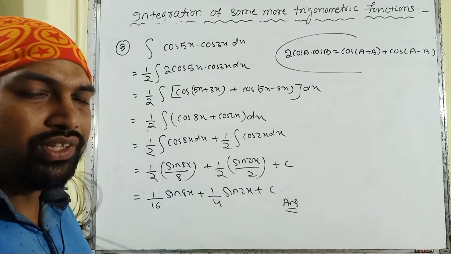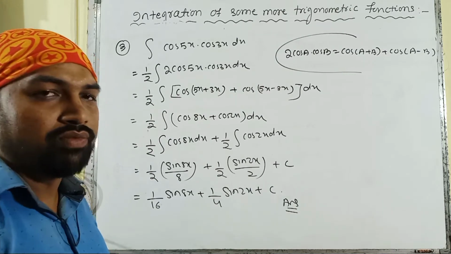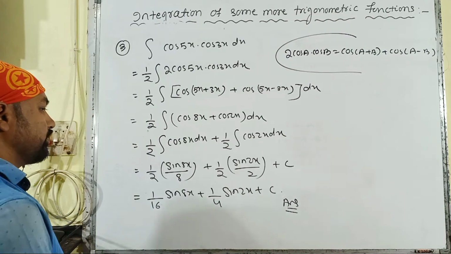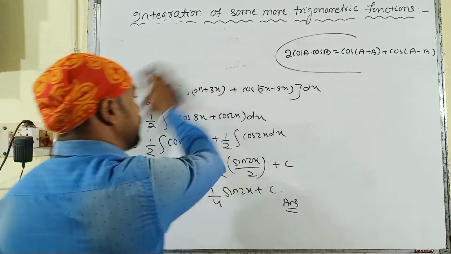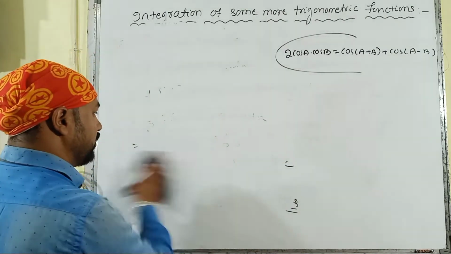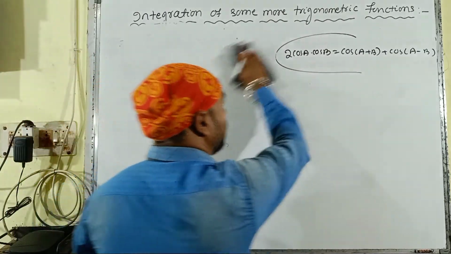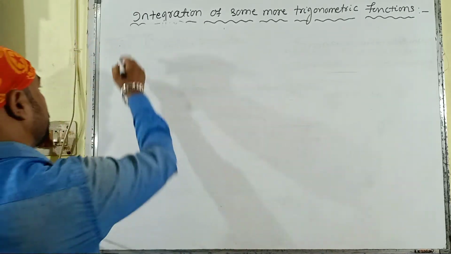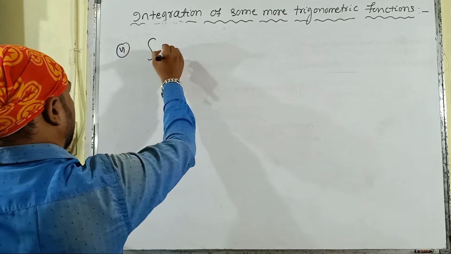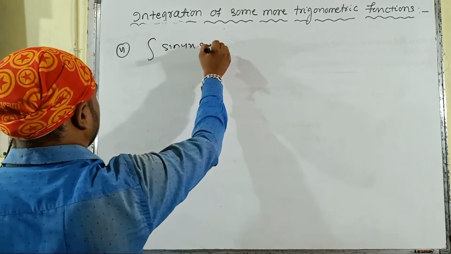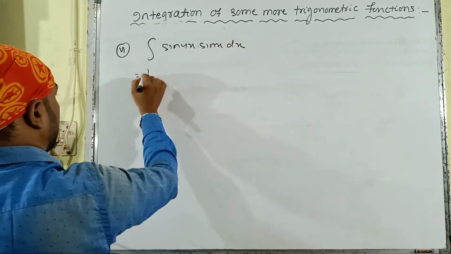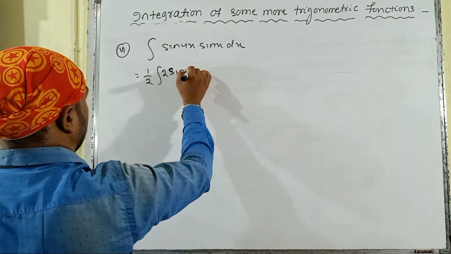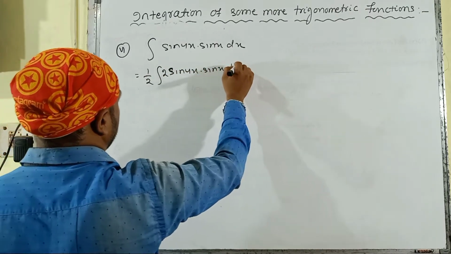Then the fourth one, which is based upon the fourth type, that means integral of sin mx multiplied with sin nx dx. Integral of sin 4x sin x dx, 1 by 2 multiplied with the integral of 2 sin 4x multiplied with sin x dx.